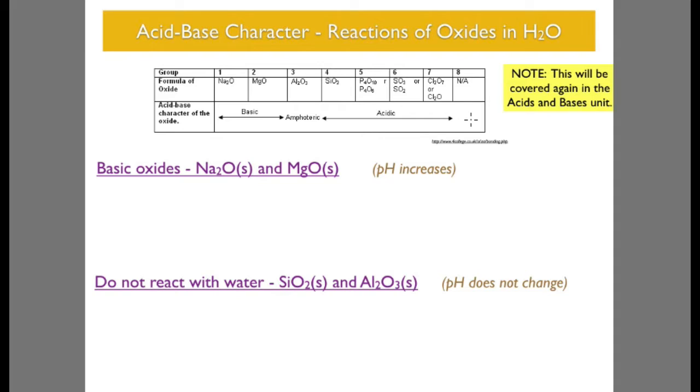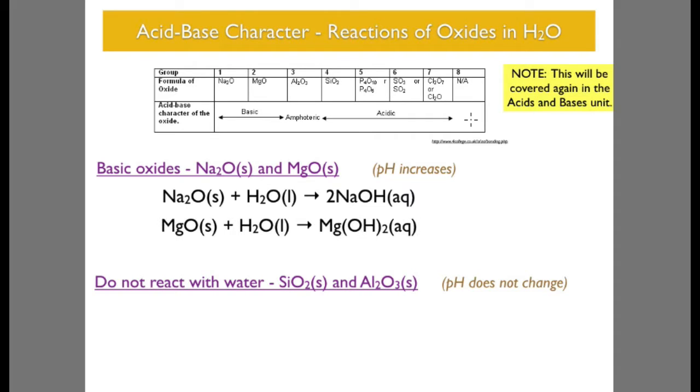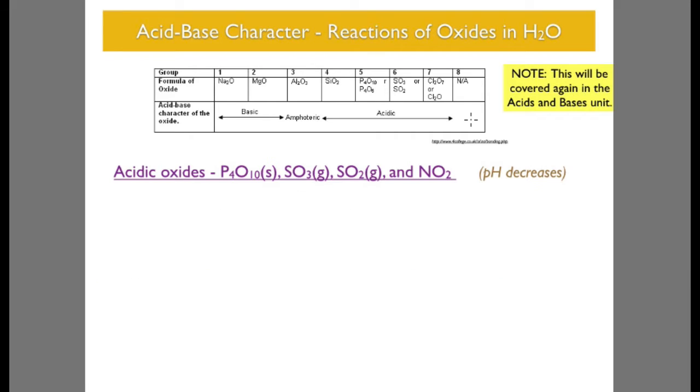The basic oxides, sodium oxide and magnesium oxide, both react with water to give hydroxides, and so they are basic. The silicon oxide and the aluminium oxides don't react with water, so you're not going to get any pH change. The phosphorus oxide, sulfur and the nitrogen oxides give acidic reactions.